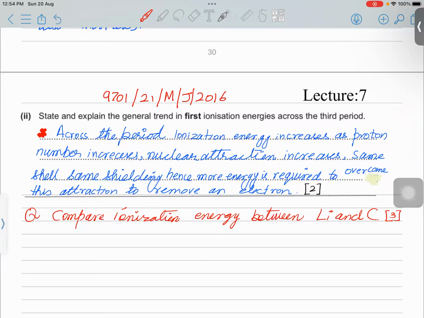Can anyone tell me about lithium and carbon?